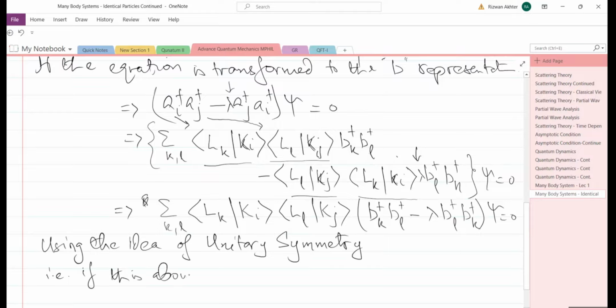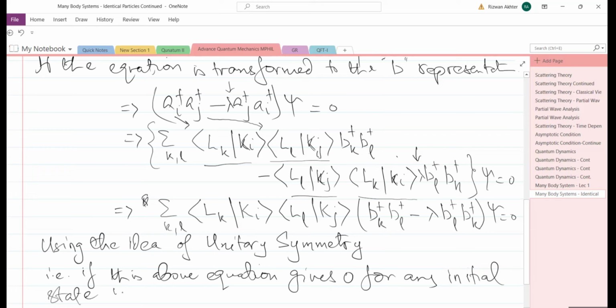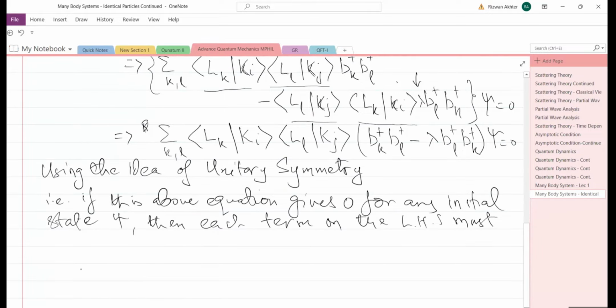If this above equation gives 0 for any initial state psi, then each term on the left hand side must be 0.